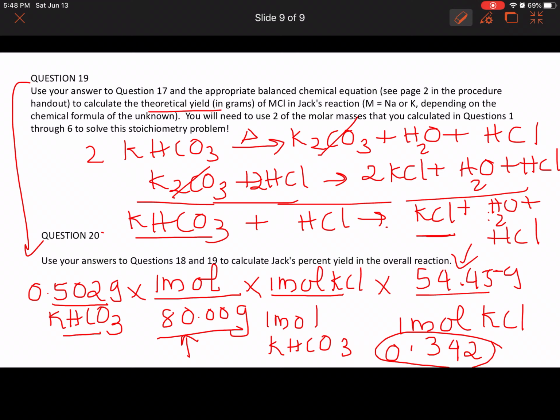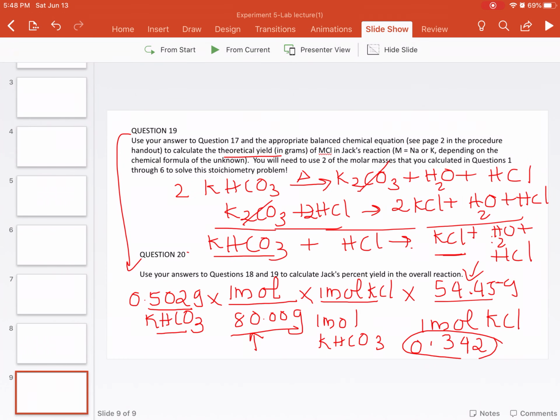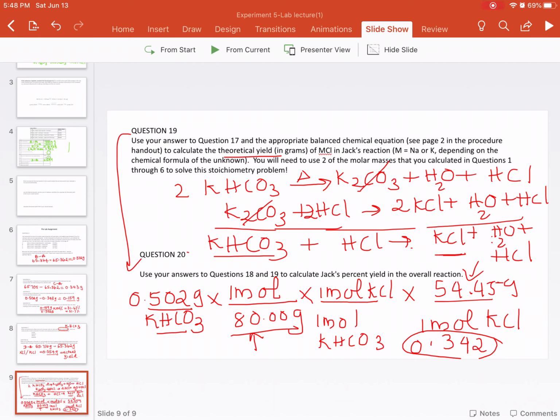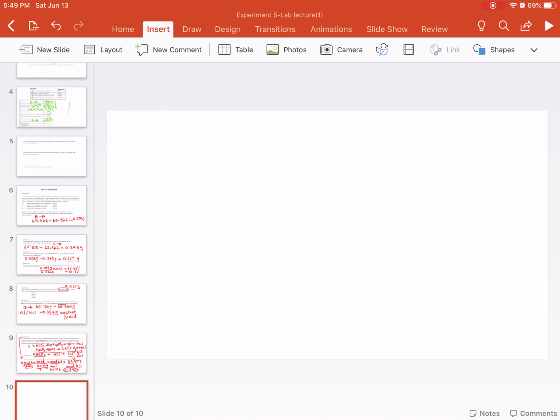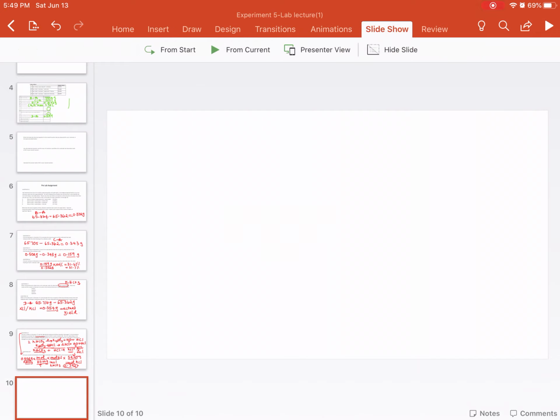So that will make this 80. Let me fix that. It's not allowing me to erase the calculations, but I'll add a new slide here. Okay, good. We can do it over here. Sorry about the molar mass calculations. I've been doing it 2 times, but I got the same thing wrong again.